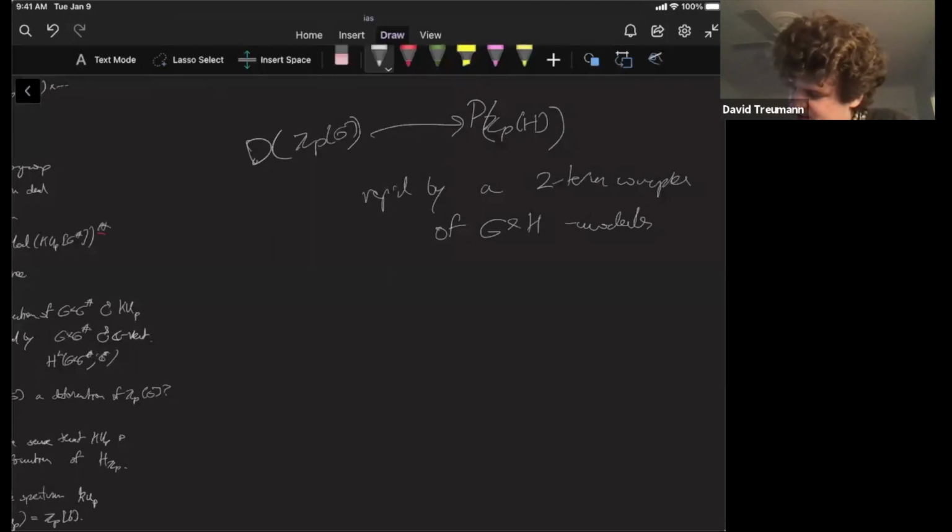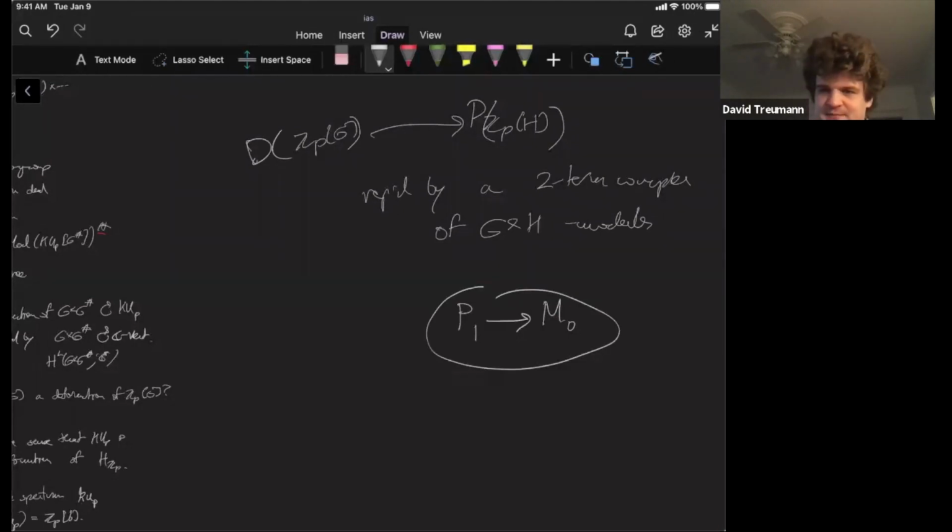There's one module in degree 0, and then one module in degree 1, and the module in degree 1 is projective. I think I'm saying this right. So here would be some bimodule or complex of bimodules which induces this equivalence, and at least exists.